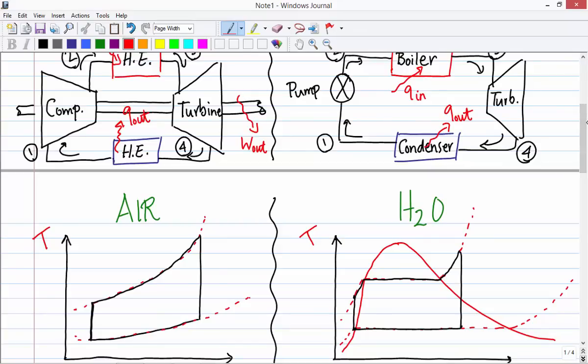So let's start with the process 1 to 2, point 1 to point 2, which happens through the compressor. We assume that the compression happens isentropically, so the entropy does not change, and this horizontal axis represents the entropy.